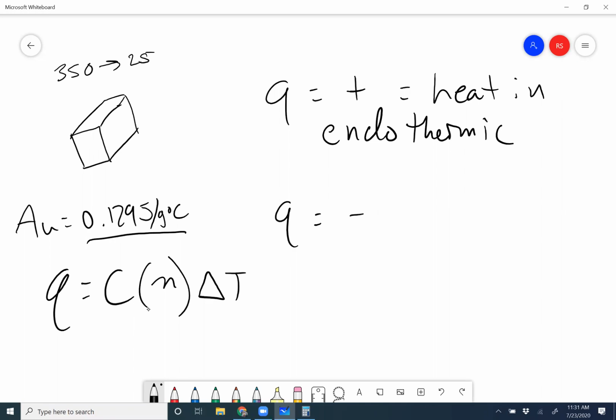So when Q is negative, that's heat out, and that's what we call exothermic.